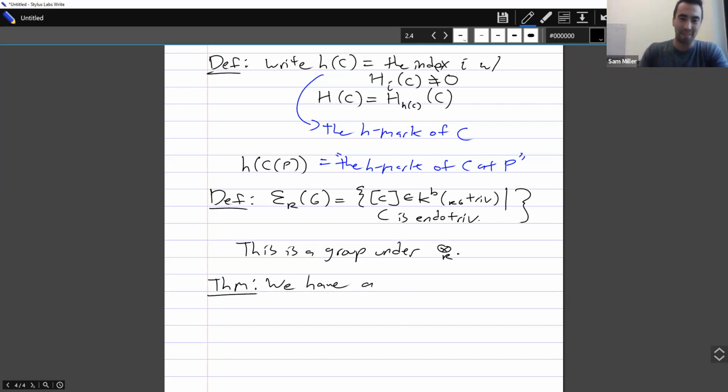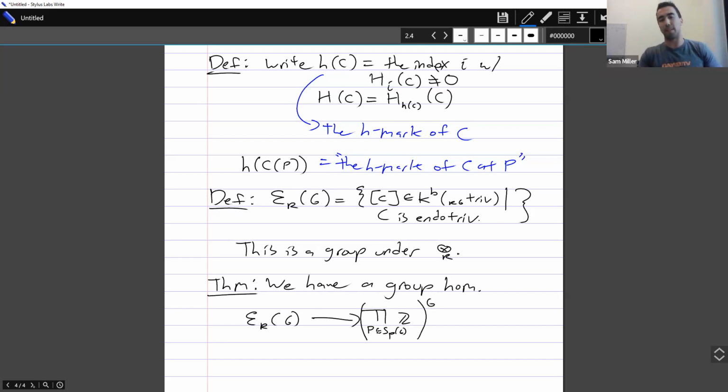We have a group homomorphism from E_KG into a product of groups of integers, additive, indexed by the p-subgroups. And this is actually the G-fixed points, where G acts by conjugation on your indexing set.